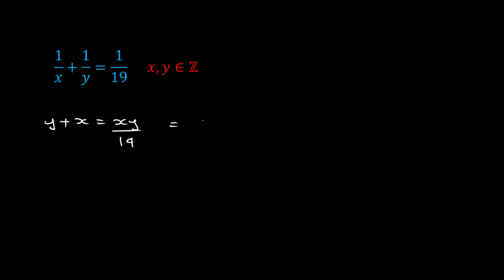So we will now have 19 times (x plus y) is equal to xy. Okay, great. Now, seeing that we're looking for integer solutions, that means either x or y must be divisible by 19 to make this equation true.